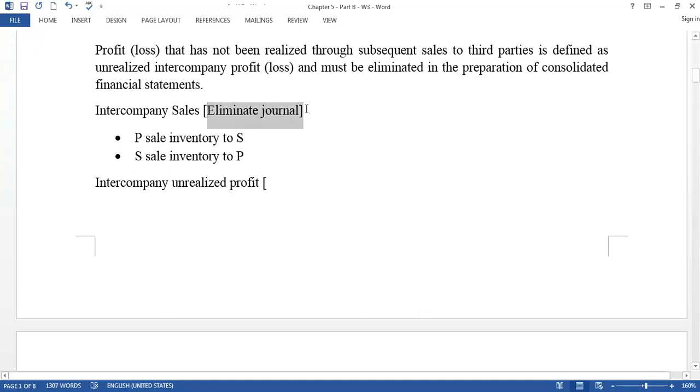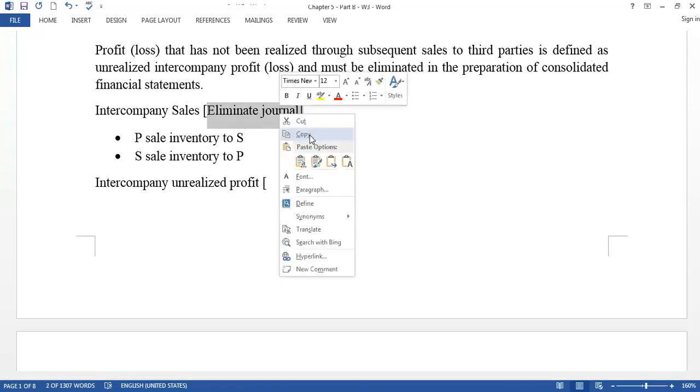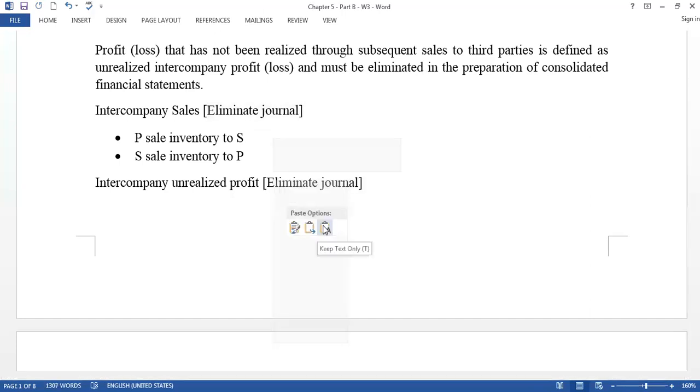We have to eliminate the intercompany unrealized profit. This kind of intercompany unrealized profit, you have to calculate. That means it is not given in the question. We have to do it if any. If any means it may have, it may not have. If we have any, then we have to eliminate them.